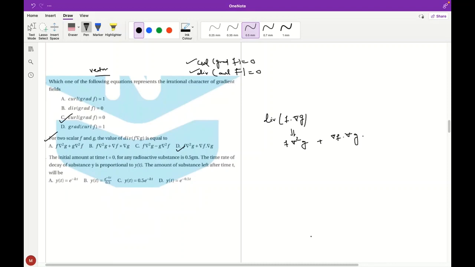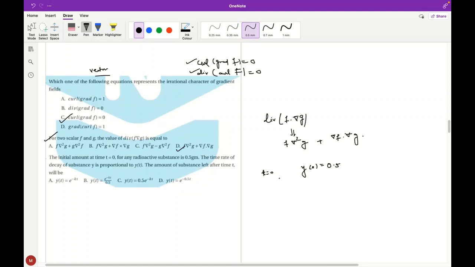Here we can see that y at t equal to 0 for any radioactive substance is 0.5 gram. So y(0) equal to 0.5 for t equal to 0.